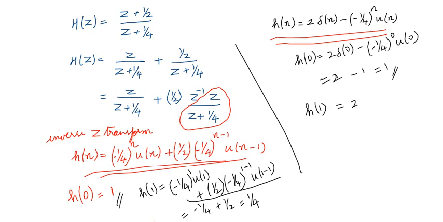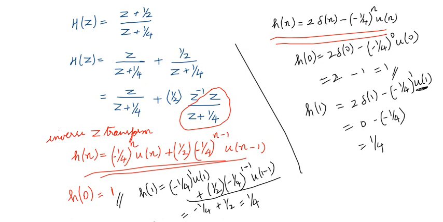H of 1 is 2 into delta of 1 minus minus 1 by 4 power 1 u of 1. Delta of 1 is 0, because delta of 0 is 1 and delta of 1 is 0. U of 1 is 1, minus 1 by 4 power 1 is minus 1 by 4. The answer is 1 by 4. This is a very important result I am showing you, because while writing a descriptive type answer you would have faced no problem, as the one who corrects your paper will evaluate it perfectly.